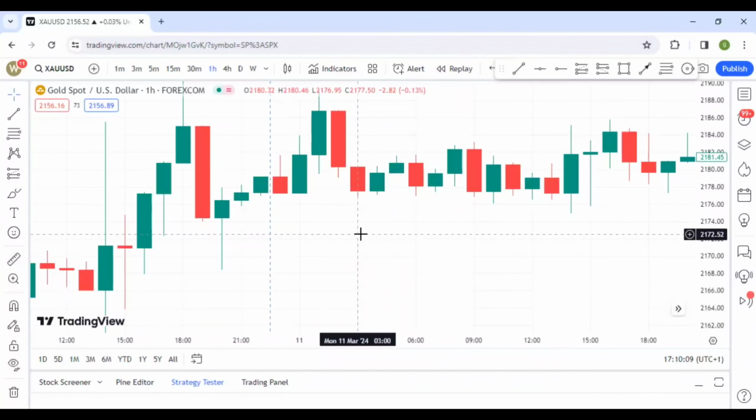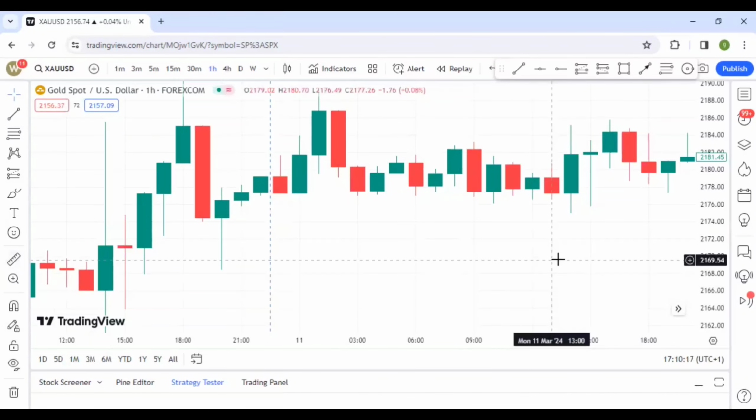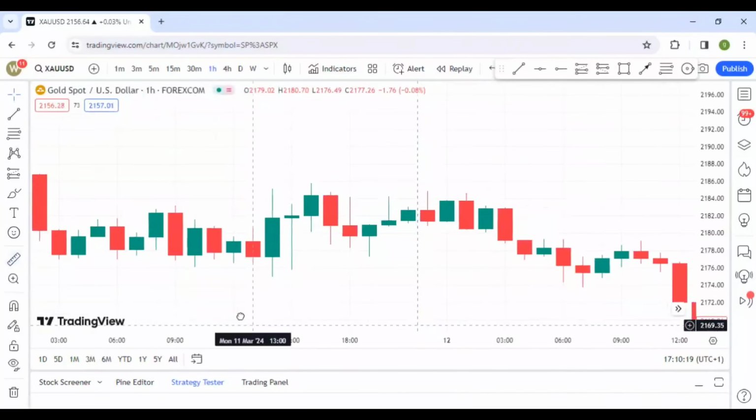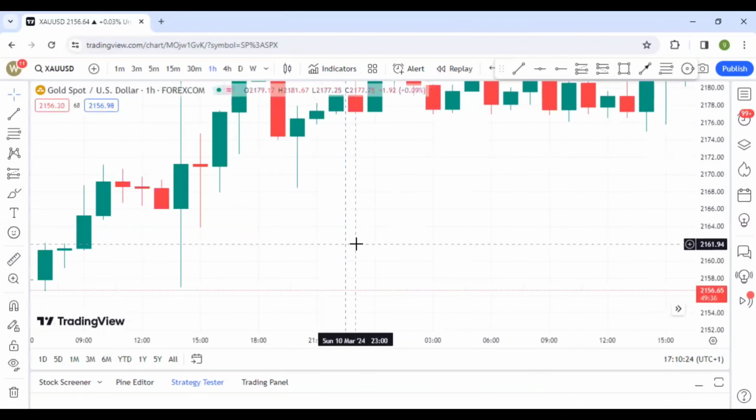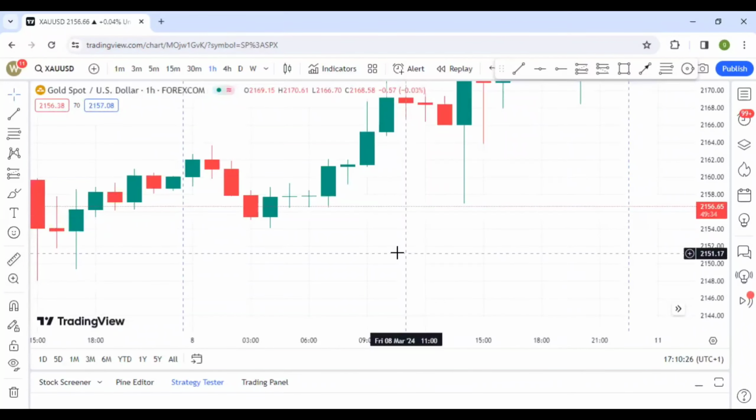The next candle is a bullish engulfing. So let's look for a bullish engulfing candle here.